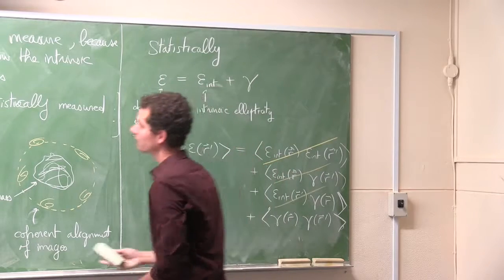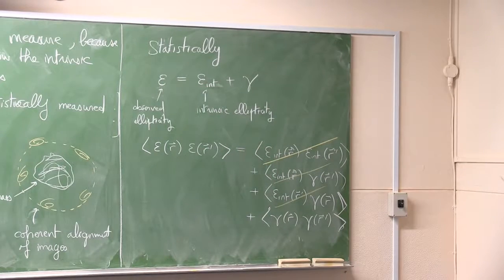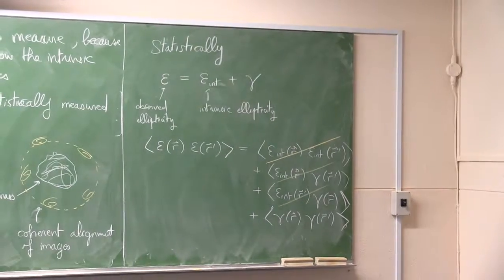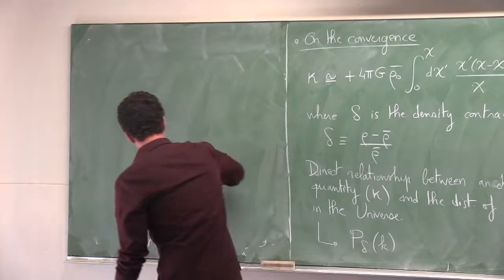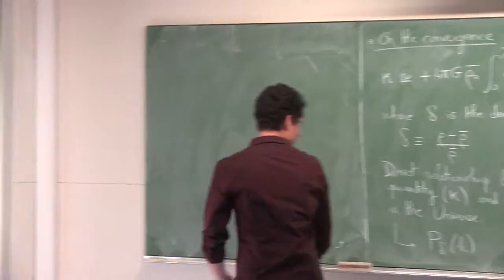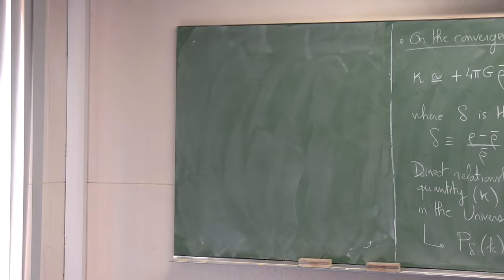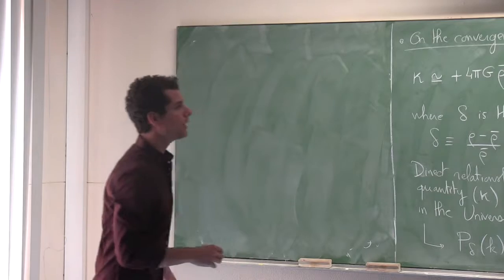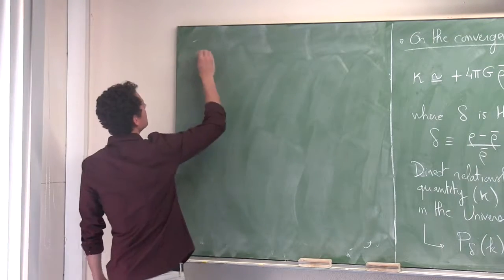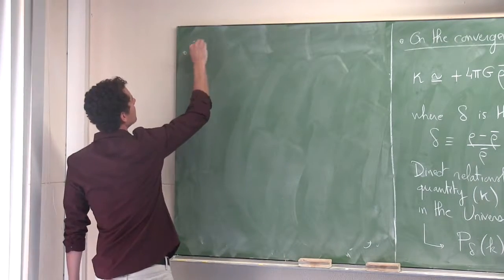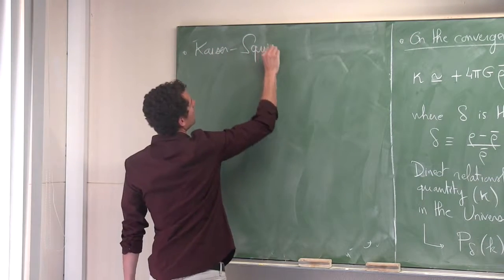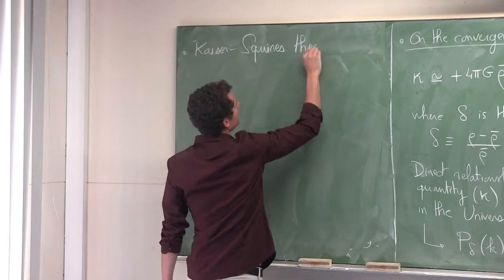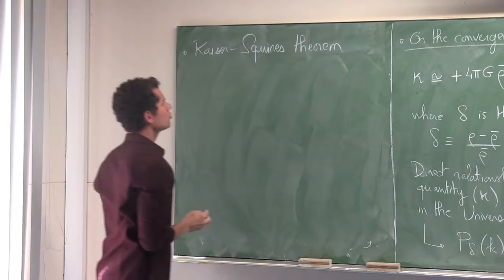And then there is a last key point, which is the missing element. Remember that what we would like to know is given by a great thing called the Kaiser-Squires theorem.